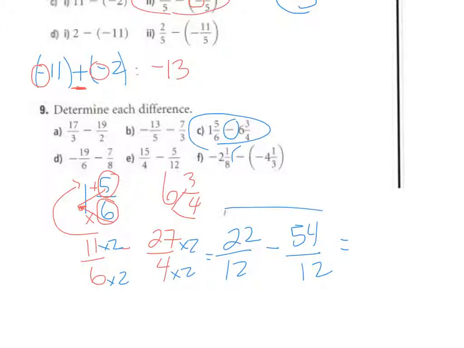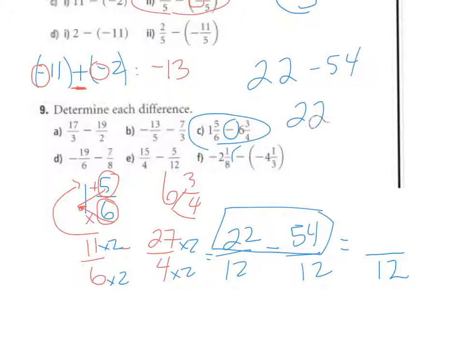Now again, the rule states when I am subtracting or adding fractions, I can leave the common denominator and then I can just deal with the tops. So essentially this is saying 22 take away 54. You might write this as 22 plus a negative 54. Again, you don't have to on questions like that, but I always like using the rules.